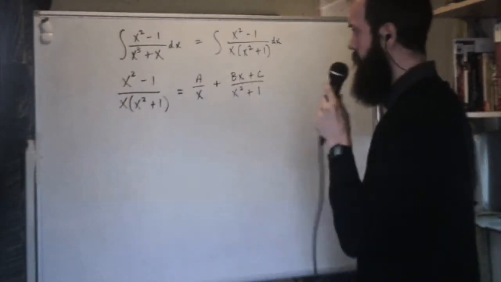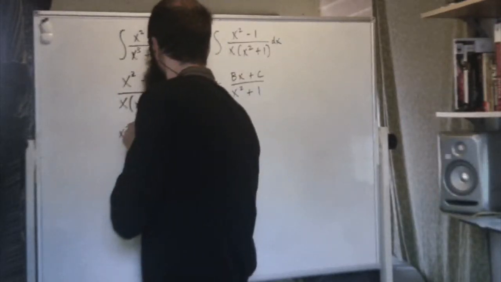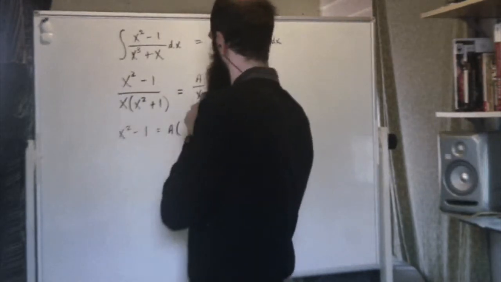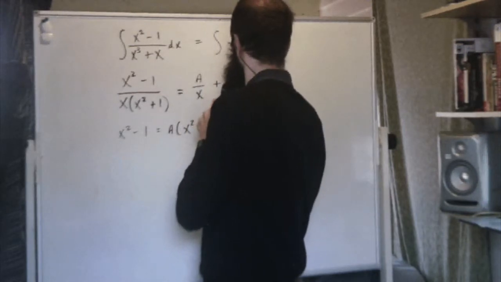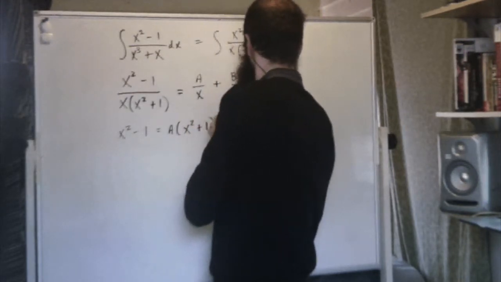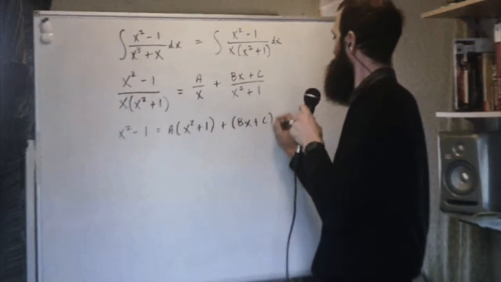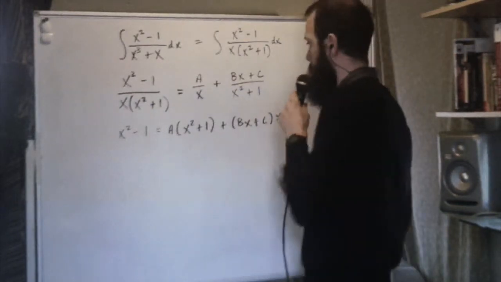We'll multiply through by our common denominator. So x squared minus 1 equals a times x squared plus 1 plus bx plus c times x.